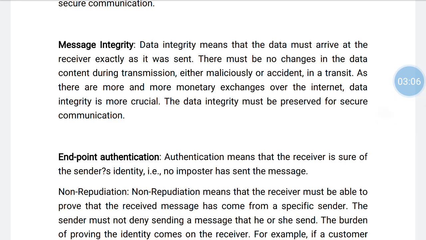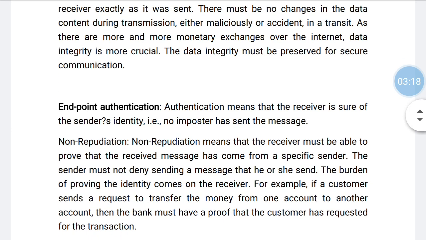Next is endpoint authentication. Authentication means that the receiver is sure of the sender's identity. Non-repudiation means that the receiver must be able to prove that the received message has come from a specific sender.